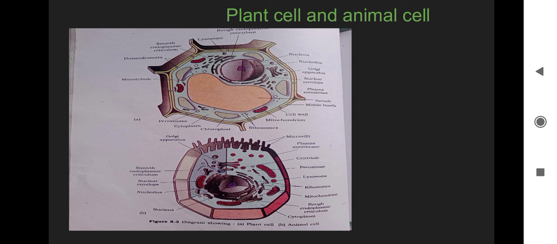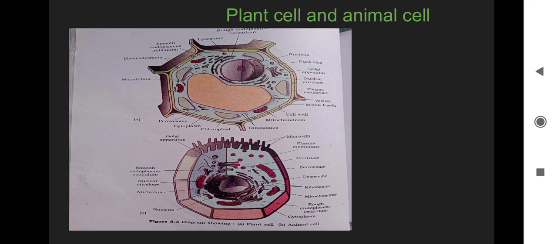There is an image of a plant cell and an animal cell. We will learn about the difference between plant and animal cells through this image. So what we are going to do is differentiate a plant cell from an animal cell.